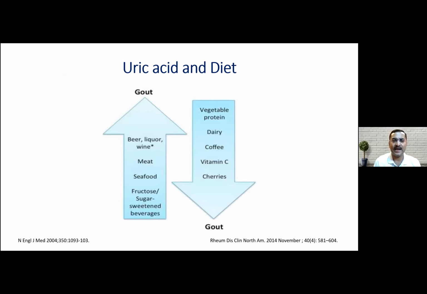On the other hand, alcohol, red meat, particularly seafood, and sugar-sweetened beverages can increase the incidence of gout. And we know that fruit juice might often have fructose or be sugar-sweetened, and they might actually increase the incidence of gout rather than reducing it. So the answer that I was looking for is fruit juice, which does not reduce the incidence of gout.